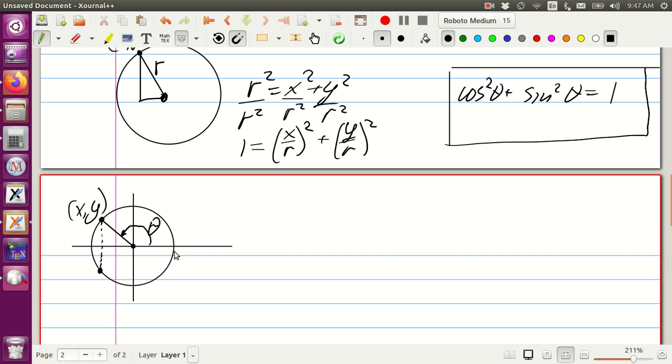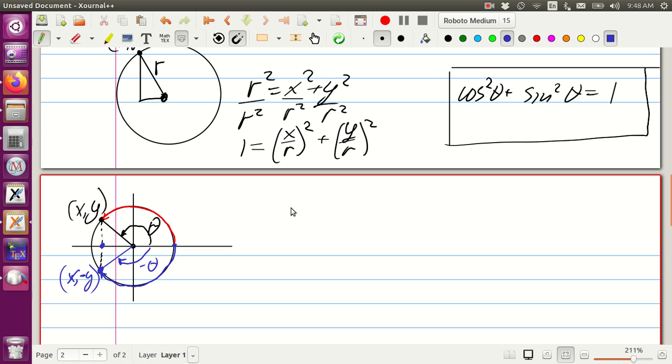If you take this distance theta and you go clockwise as negative theta, you will arrive over here with an angle of negative theta. Then the x value for this point would be the same as for this point, so it's going to be x. But the y value would be the same, but with the minus, so it's going to be negative y.